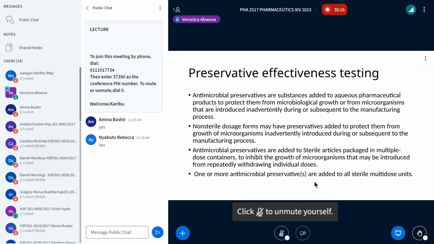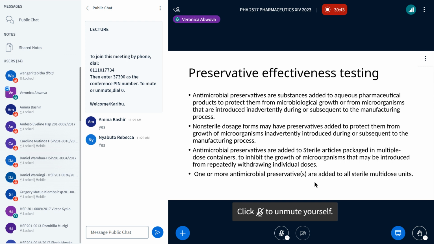Non-sterile dosage forms may have preservatives added to protect them from growth of microorganisms inadvertently introduced during or subsequent to the manufacturing process. Antimicrobial preservatives are added to sterile articles packaged in multiple dose containers to inhibit growth of microorganisms that may be introduced from repeated withdrawal of individual doses.